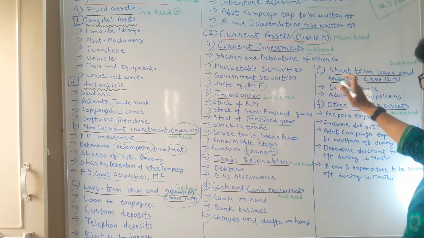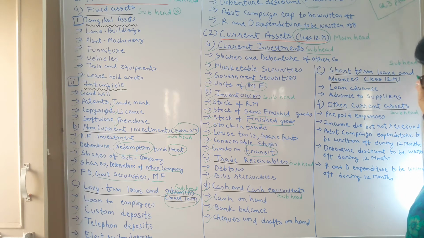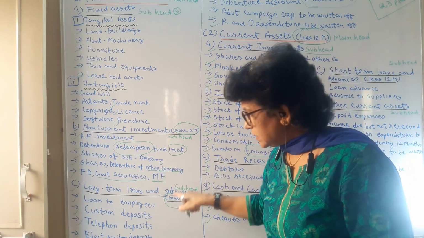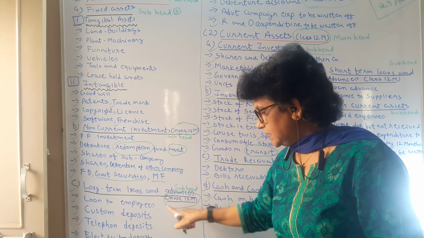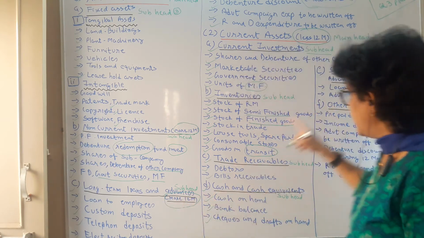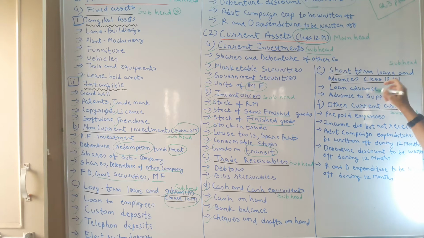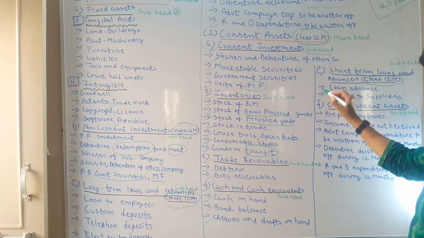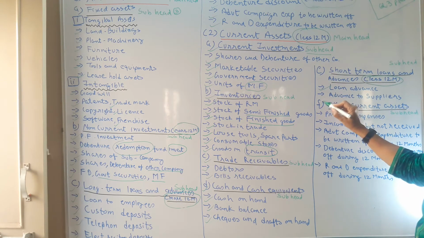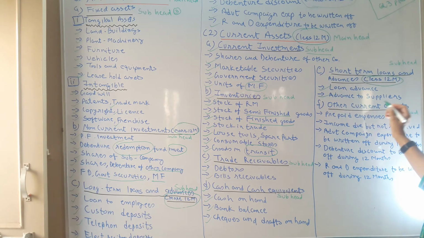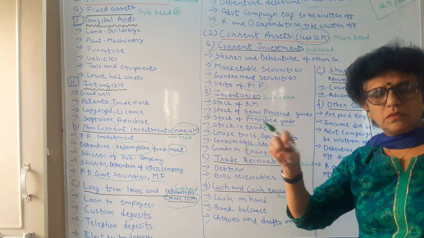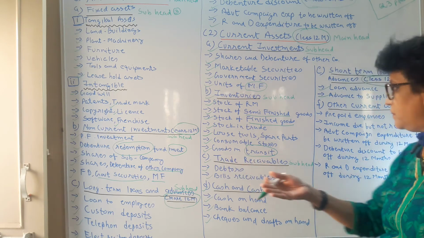The next is short-term loans and advances. Earlier we have seen long-term loans and advances, more than 12 months. And here you have short-term, that is less than 12 months, loans and advances given by the company. In this category you have loans, and advance to the supplier. When you have booked your order, you have given money as an advance payment.